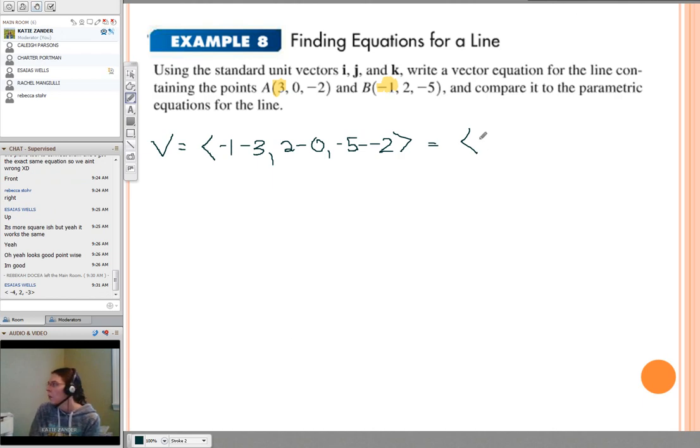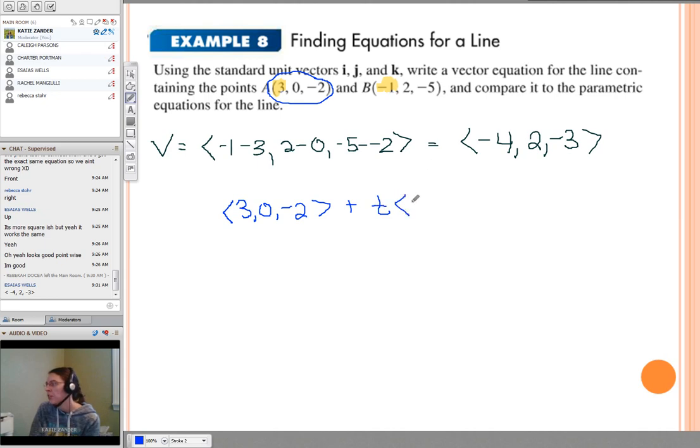A -4, +2, and a -3. All right, so here's that vector v. So now to put this in the vector form, we're going to go ahead and take your initial point, and the initial point is what we start with, right? That's the head value there. So we're going to take that point and add it to t times the direction of our vector now.